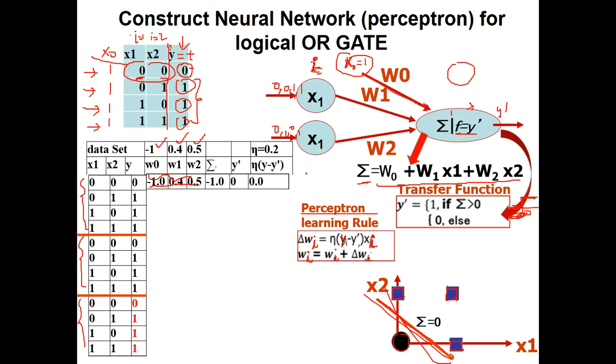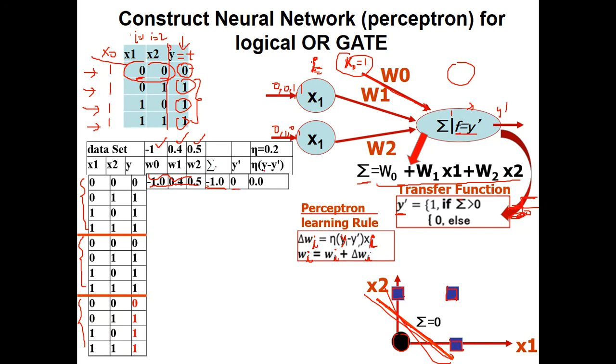So minus 1 plus 0.4 into 0 plus 0.5 into 0. So it will be minus 1. Now you compute y dash from this formula, the transfer function. So here sigma is not greater than 0, so y dash will be 0.